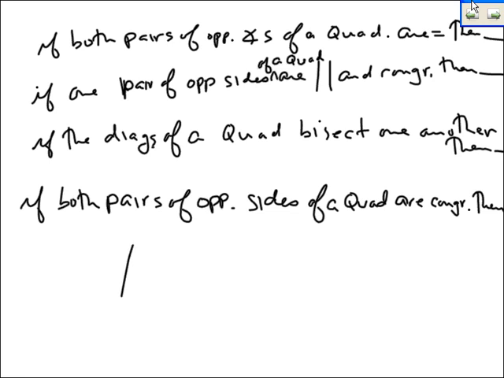If you have a four-sided figure and those two opposite sides are equal, and these two opposite sides are equal to one another, it must be that those two lines are parallel, and believe it or not, those two lines are parallel. That's yet another way of showing that a four-sided quadrilateral is in fact a parallelogram.